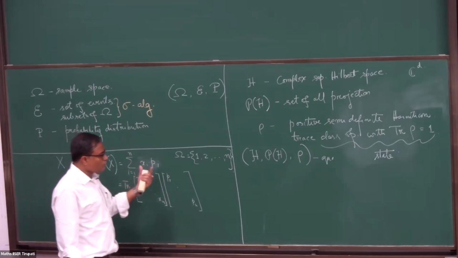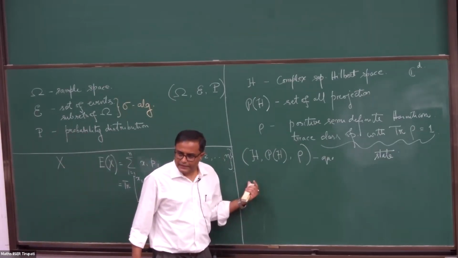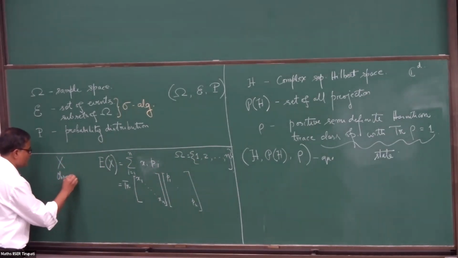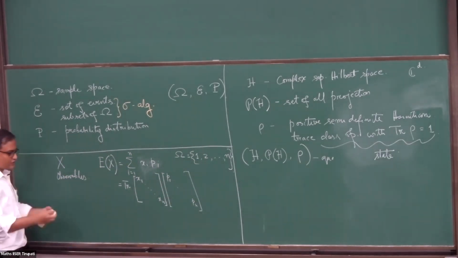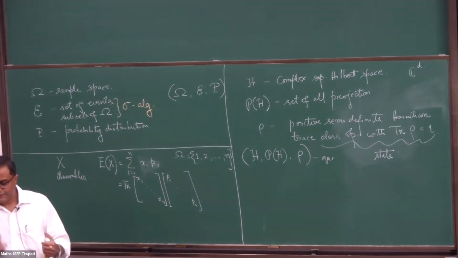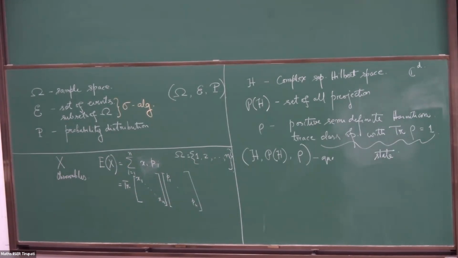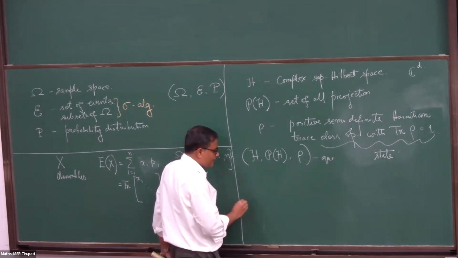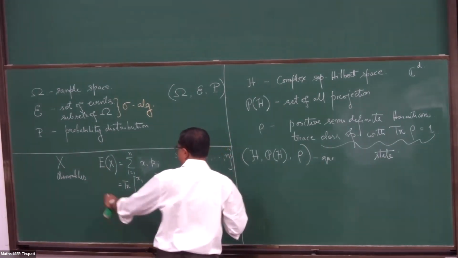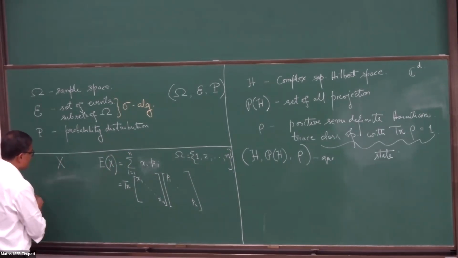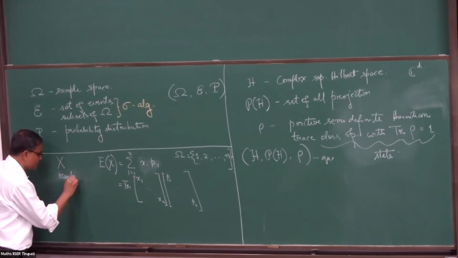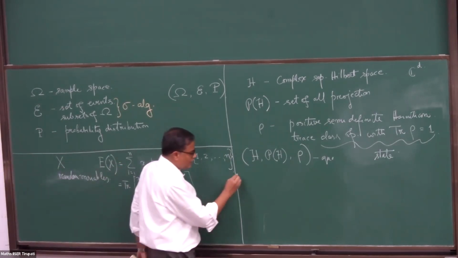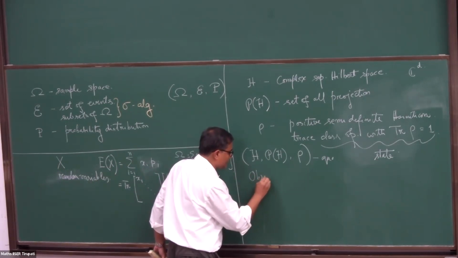Now, in the non-commutative setup also I should do something similar. So, these x's are observables, which are basically the maps from the sample space to the real line. Let us stay to the real line itself. The x is my bad, x is the random variables, and the analogous thing is what is called the observables.